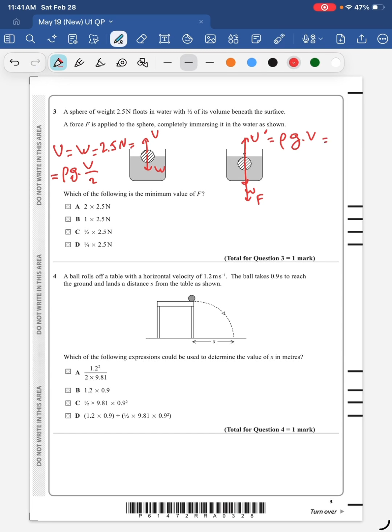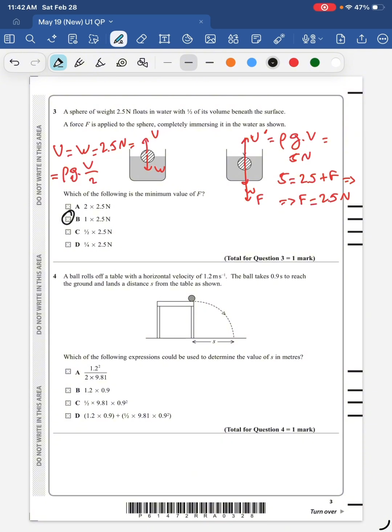But since we know that rho times g times half the volume is 2.5 newtons, we know that this is 5 newtons. So 5 newtons must equal the weight, which is 2.5 newtons, plus the force. So we immediately see that the force is 2.5 newtons, and the correct answer is B.